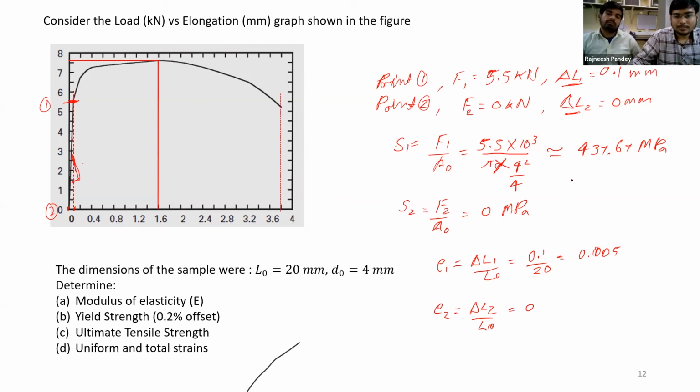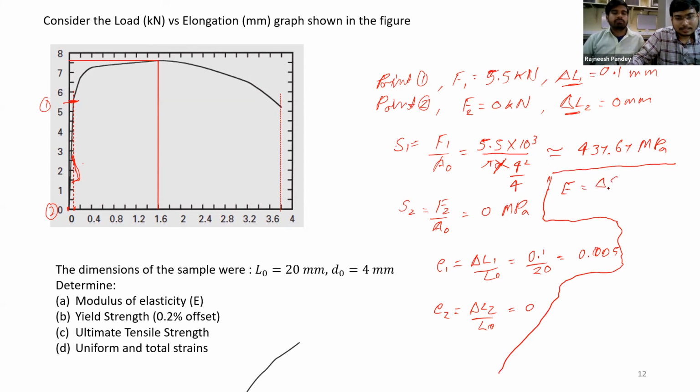From these values of S1, S2, E1 and E2, you would have seen in basic mathematics that the slope of any line can be easily determined if 2 points are given which lie on that line. So the slope of this stress strain curve in the elastic regime will be nothing but E equals delta S over delta E, which is S1 minus S2 over E1 minus E2.